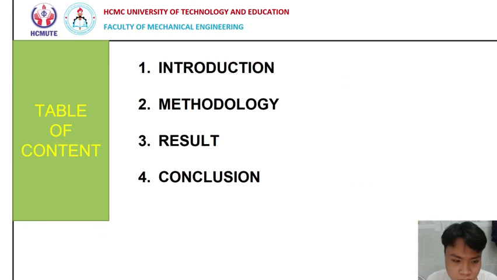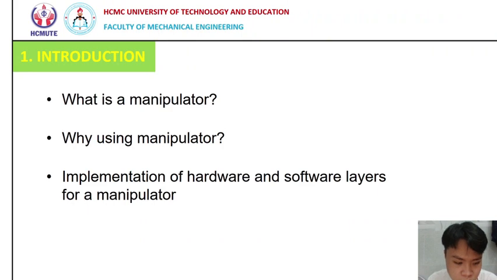For the table of contents, we have introduction, methodology, results, and conclusion. First is the introduction. What is a manipulator? Robotic manipulators play a significant role in modern industry. They are mechanical arms that, like human arms, are composed of members.